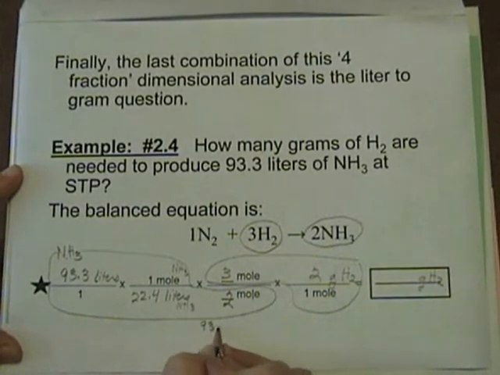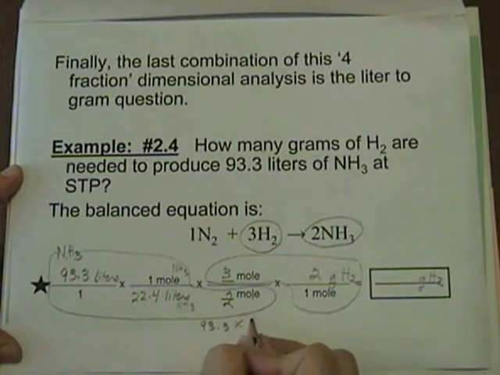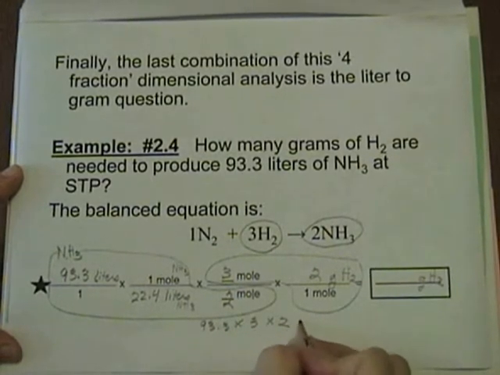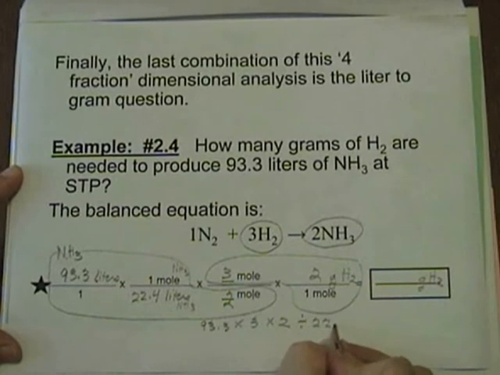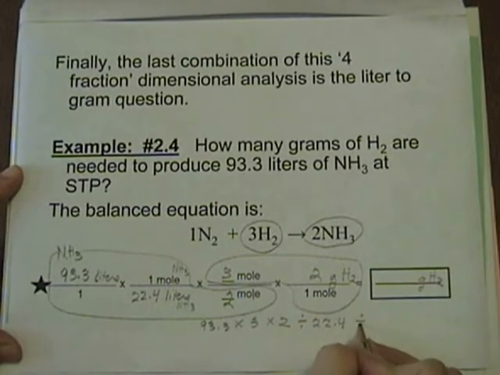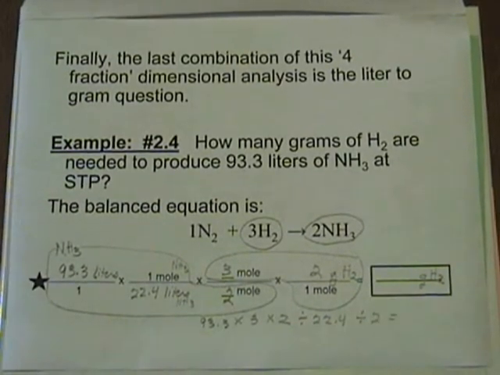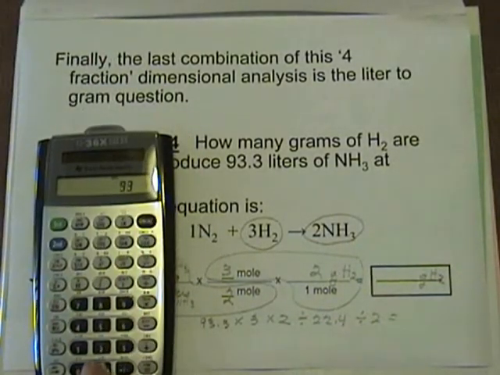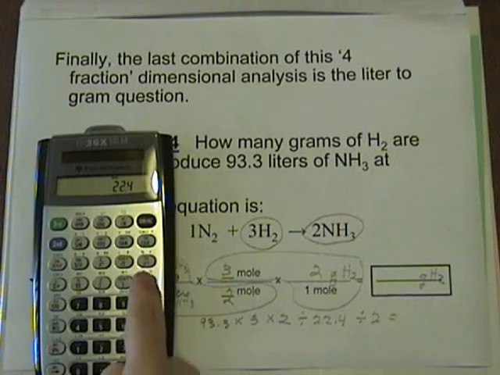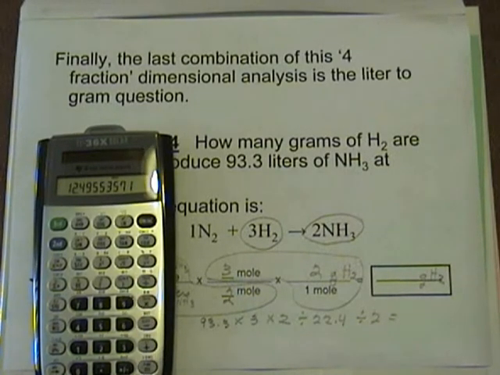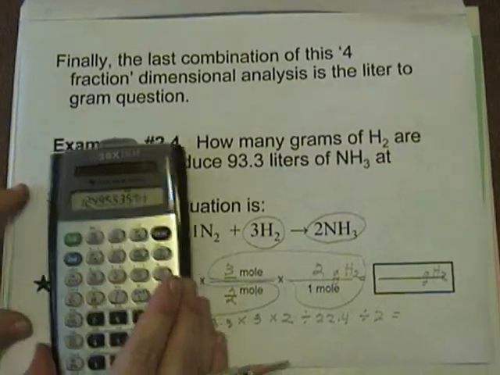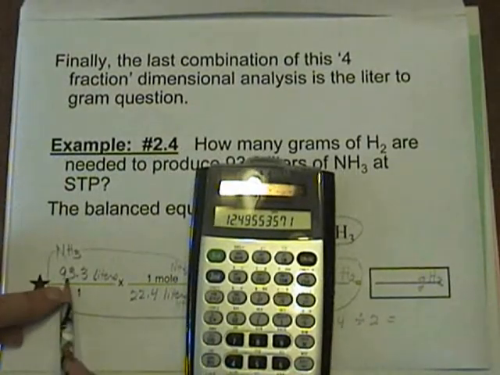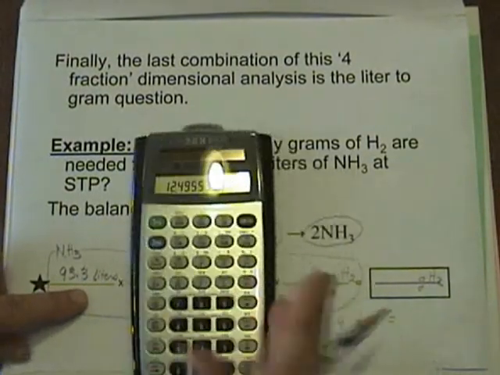It'd be 93.3 times 3 times 2 divided by 22.4 divided by 2 equals 12.49. Okay, and then I've got 3 sigs here, so I want to round that to 12.5.